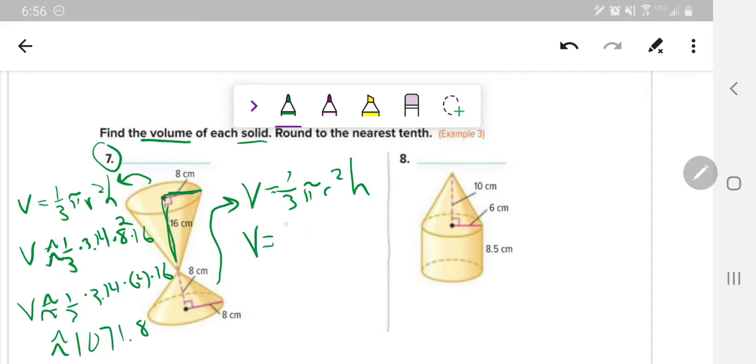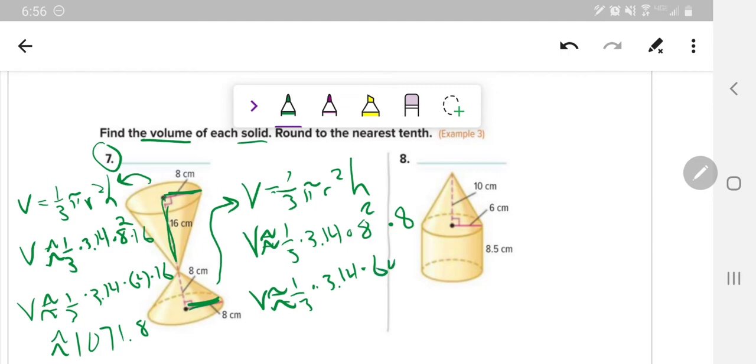And now for the other one, 1/3 times 3.14 times the radius of this one is 8. Oh, it's 8 again. It's just as wide as the other one. Squared, but the height is different here. The height is 8 instead of 16. So 1/3 times 3.14, I should use my approximately symbol as soon as I use an approximation for pi.